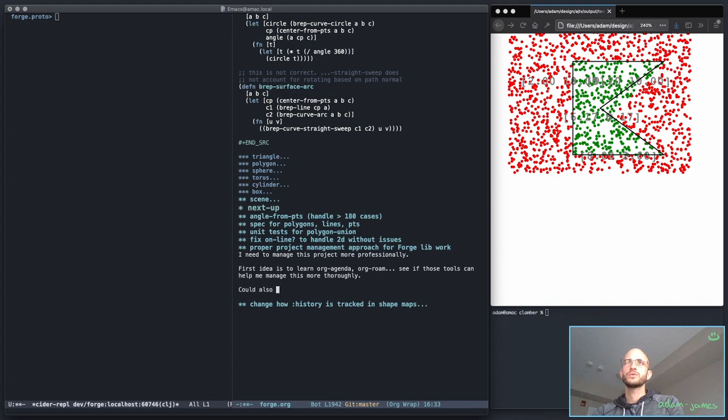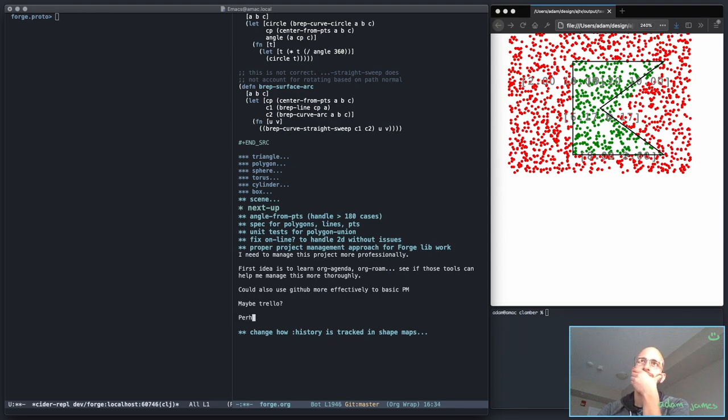Could also use GitHub more effectively to do basic task management, maybe Trello, perhaps. I don't know. I think I'll probably, I don't know about this.